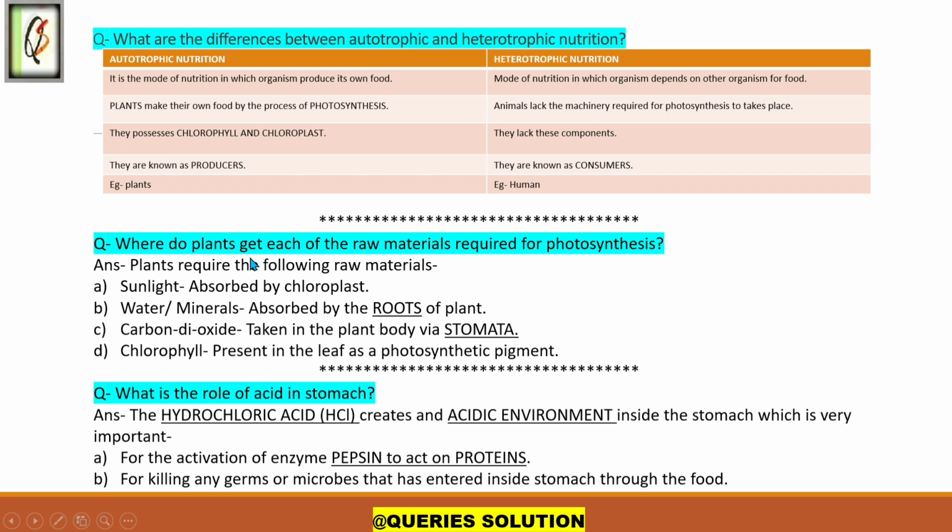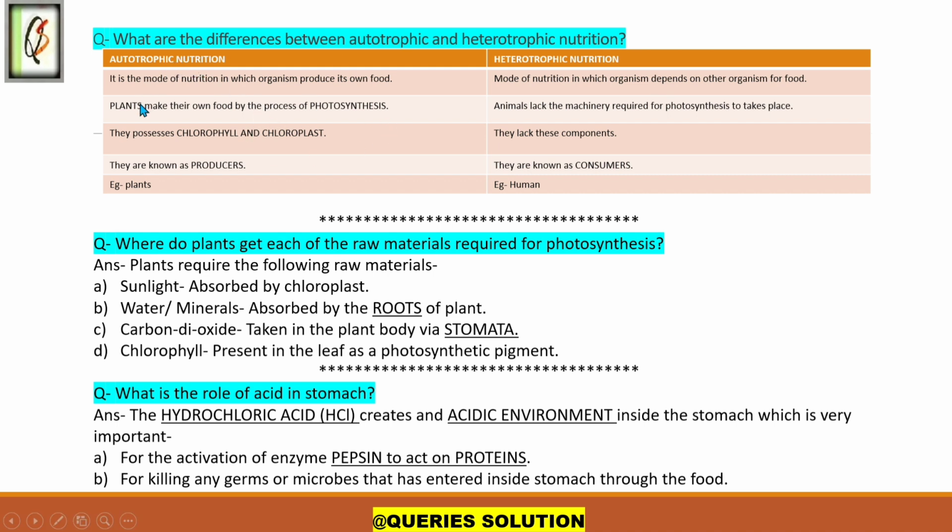Talking about the next set of questions. Here it's a tabular differentiation that you can see between autotrophic and heterotrophic nutrition. So let's quickly see. As we already know, autotrophic nutrition is a mode of nutrition in which an organism produces its own food. While in heterotrophic nutrition, one organism depends on other organisms for food.